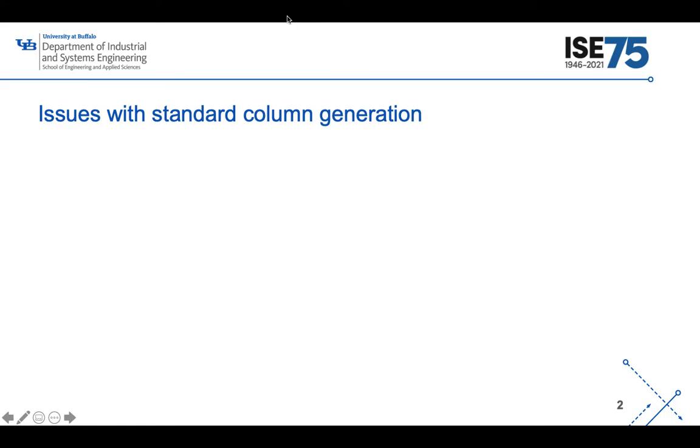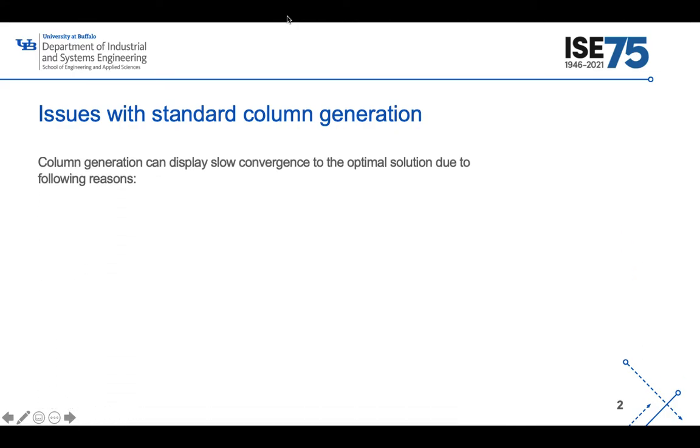So some issues with the standard column generation method is that it can display slow convergence, like we said. This can happen for a few reasons. I'm gonna highlight two. Just a general large size of a restricted master linear program.